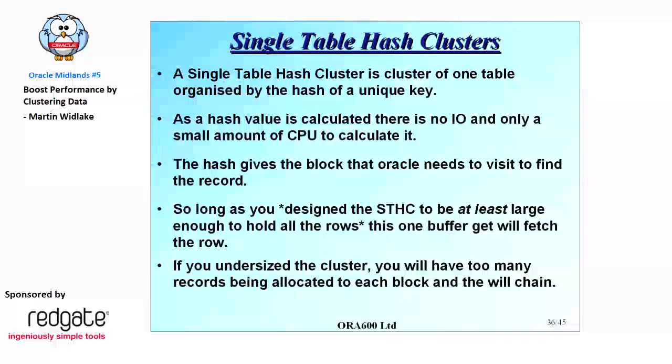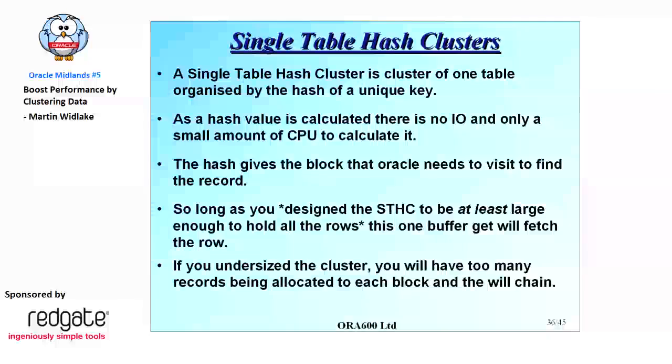So it's calculated, there's no I/O, it's just a little bit of CPU. And the hash gives the block that Oracle needs to visit to find the record. In fact, the position in the block as well, I think. So long as you design the single table hash cluster to be at least large enough to hold all the rows. This is why they tend not to be used, because you have to do a bit of design, and you have to know how many records you're going to have and how big the records are.